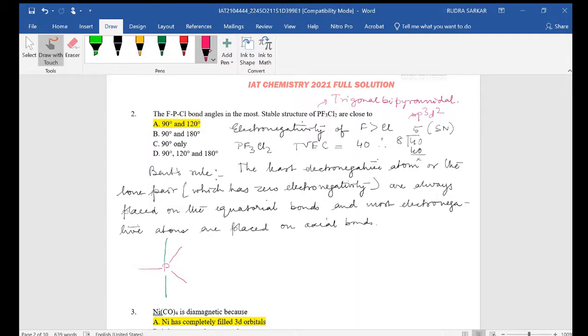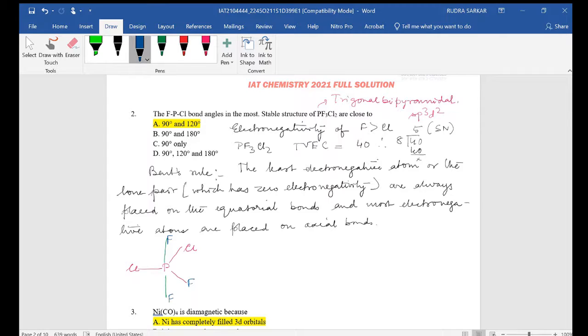We'll place 2 such chlorines in the equatorial positions, and the rest of the positions will be taken up by the fluorine. So if I am using the blue, this is my fluorine, that is my fluorine, and that is my fluorine. Now I have been asked what the F-P-Cl bond angles possible are.